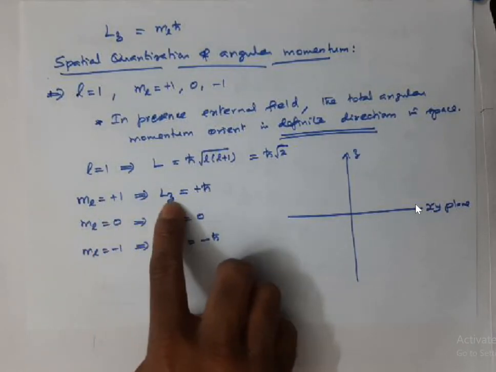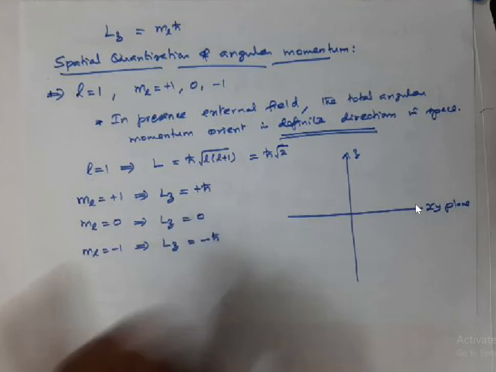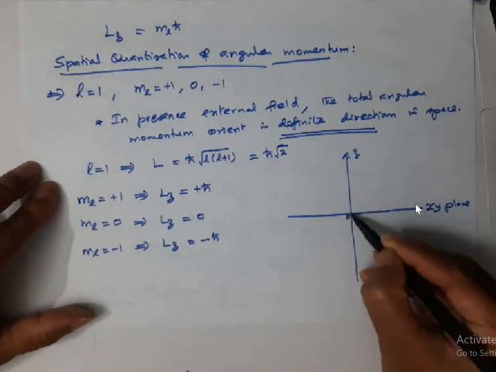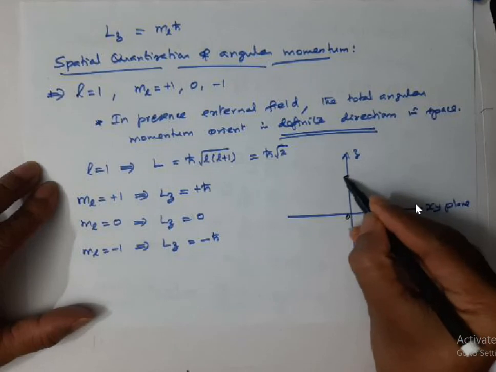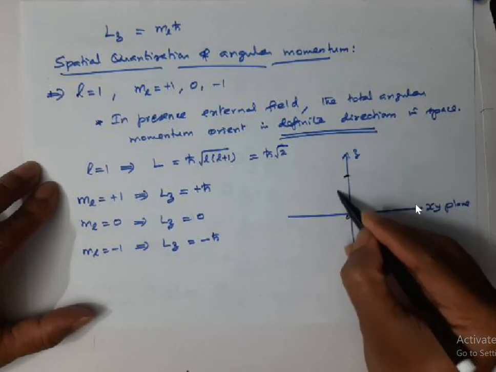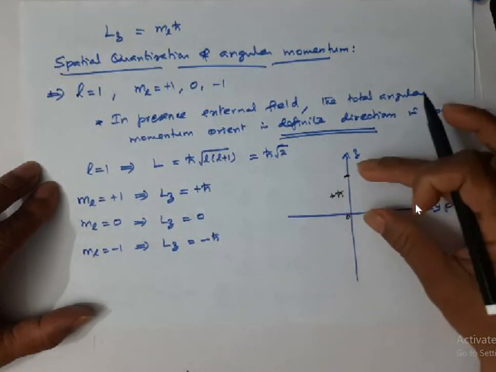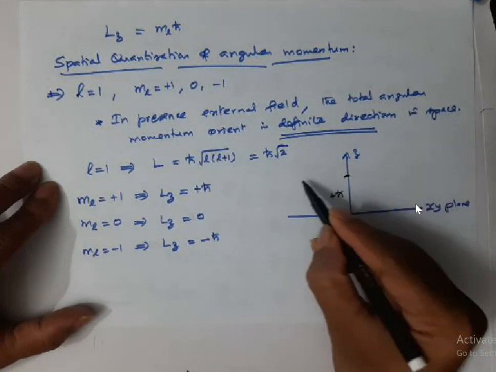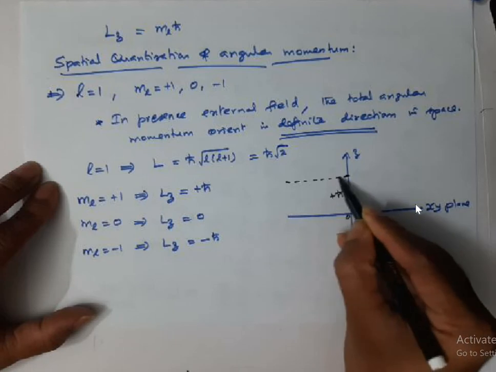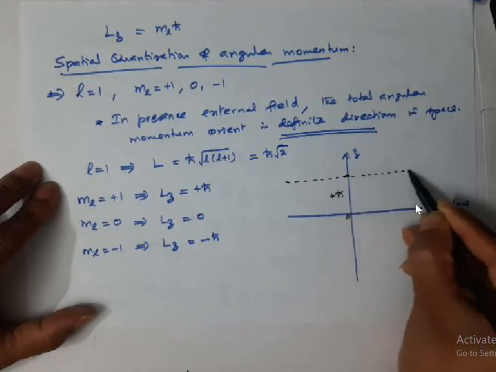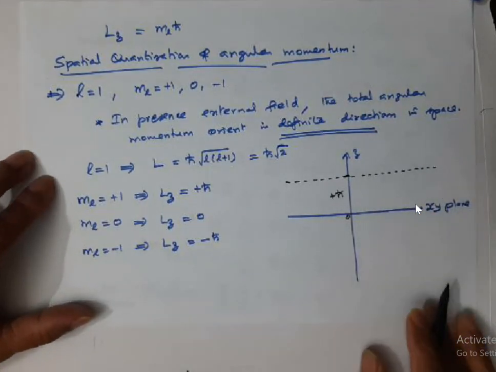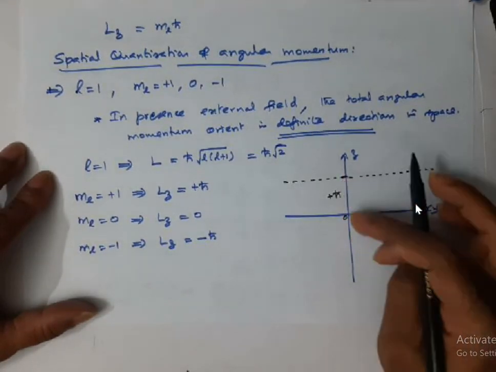For ml equal to plus 1, the z component of angular momentum is h bar. So, from the origin, I will take a certain length, say this length equal to plus h bar, on the positive side. Now let me put a dotted line there. This is equal to h bar.